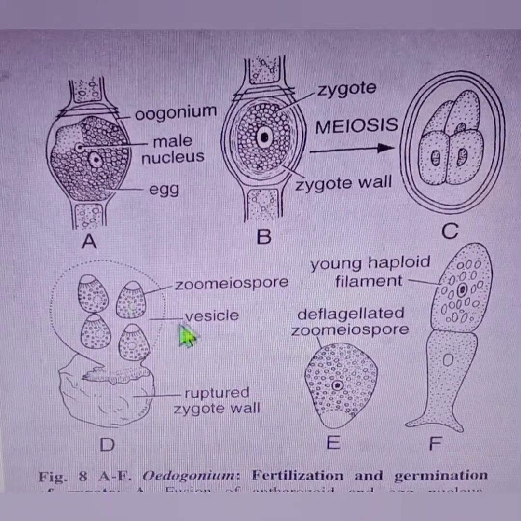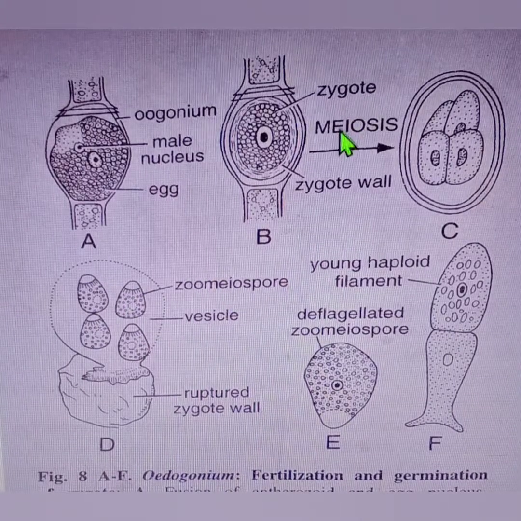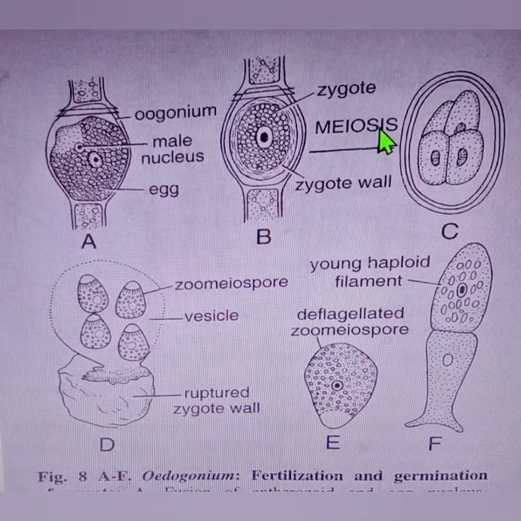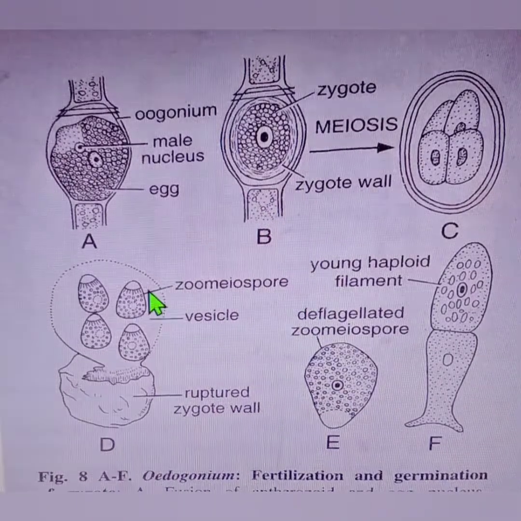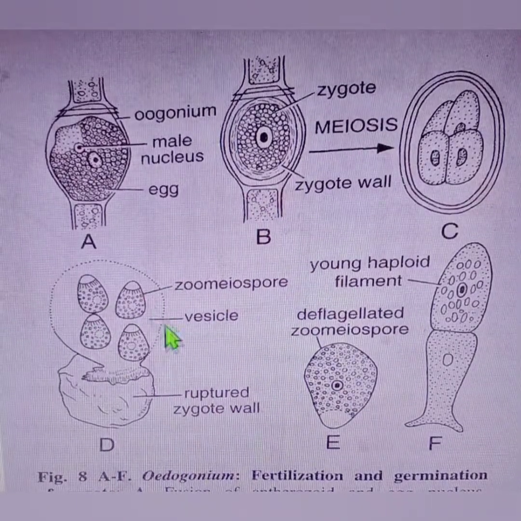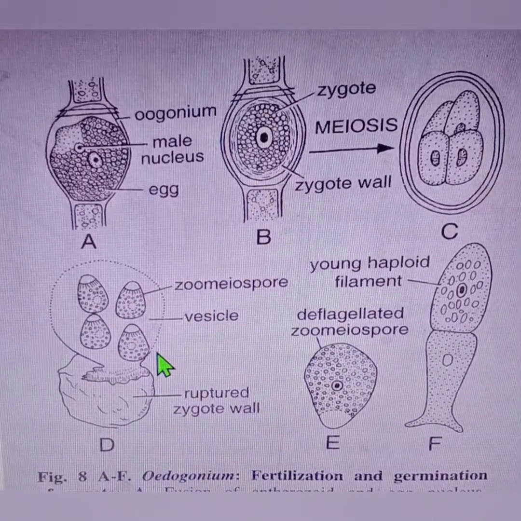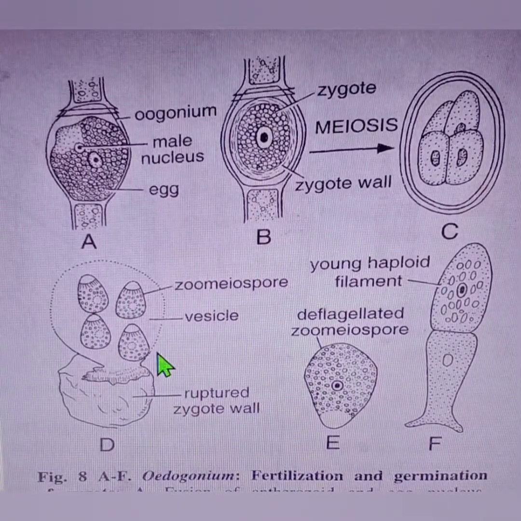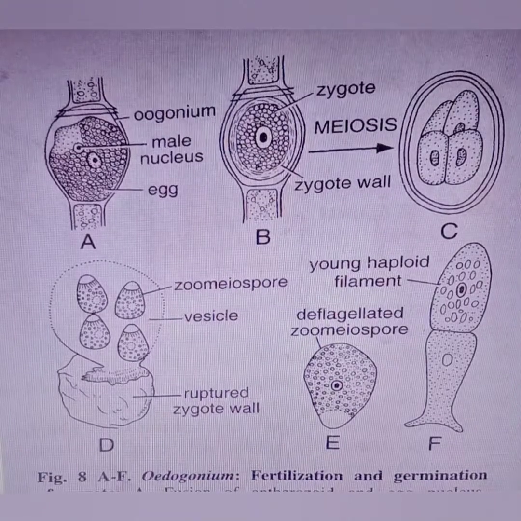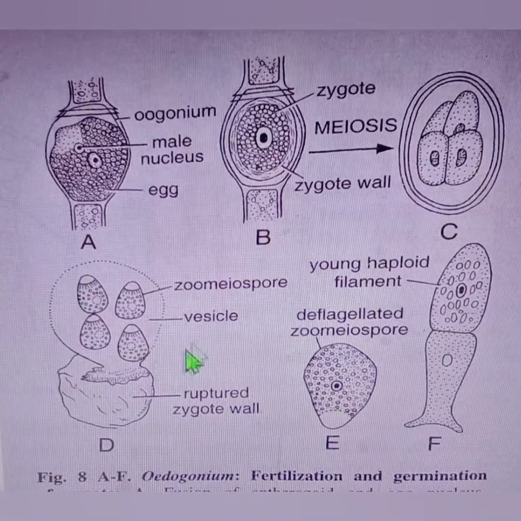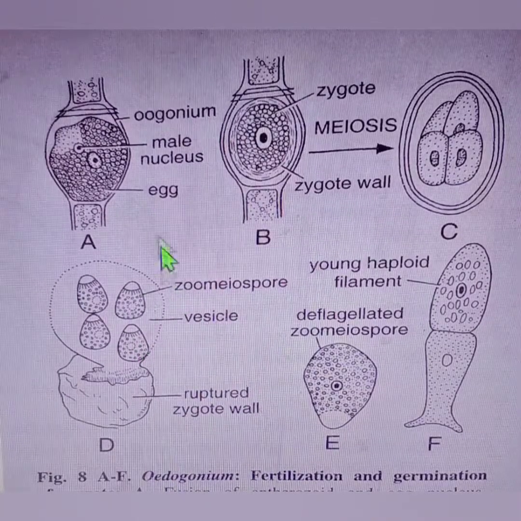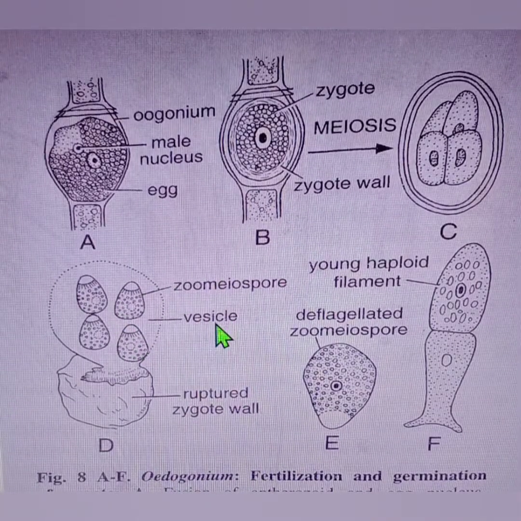These are referred to as zoomeiospores, which are formed after meiosis. These are haploid, and these spores will behave as asexual spores. If you remember, in asexual reproduction we had studied the formation of zoospores. So these also will behave as asexual zoospores.